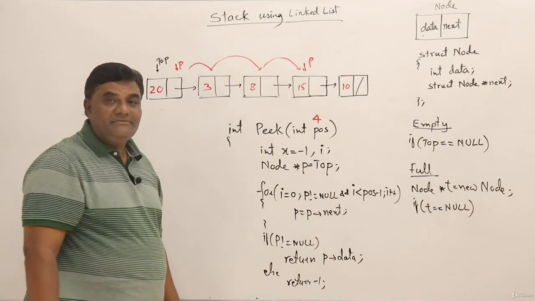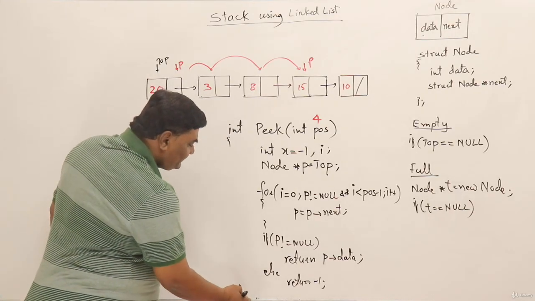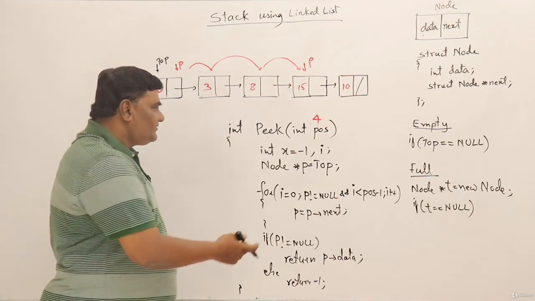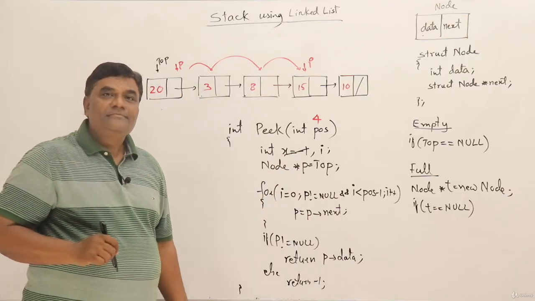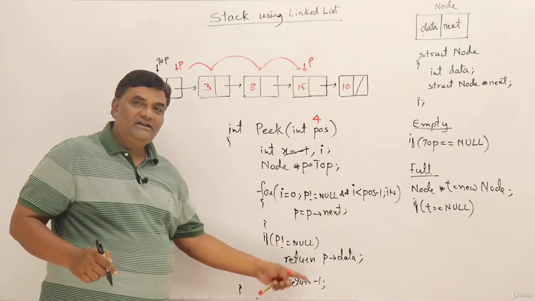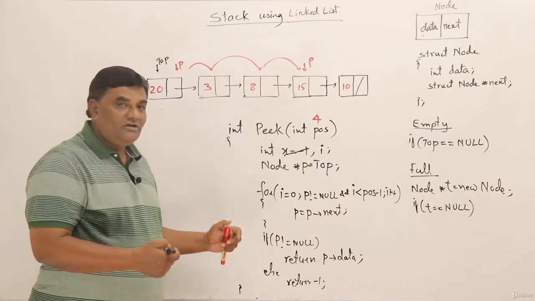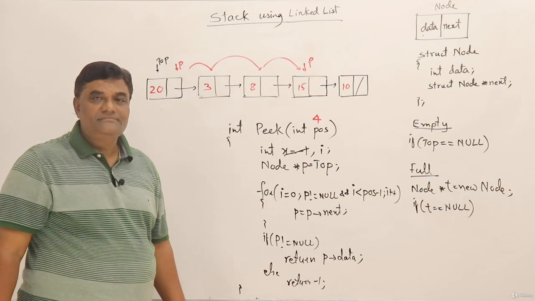It means that position was invalid, so we don't have data there. That's all with this peek function. So we don't need this x. I have already declared initially, but we don't need it. So we have directly returned the value. Instead of taking an x and sending it, I have directly taken the value. So this is a peek operation, that is finding an element at a given position.